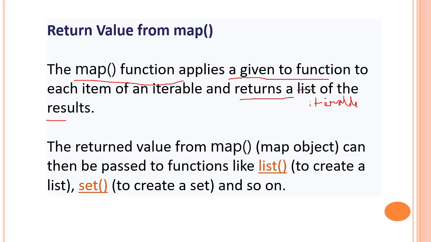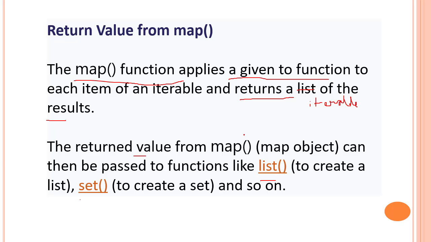After that you can just do type conversion if you want to get a list, a tuple or a set. It's on you. The return value from the map can be passed to a function like list, or set to create a set, maybe a tuple or anything, whatever you feel like.